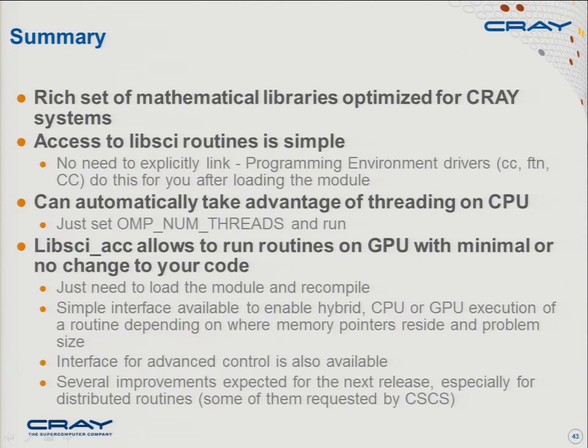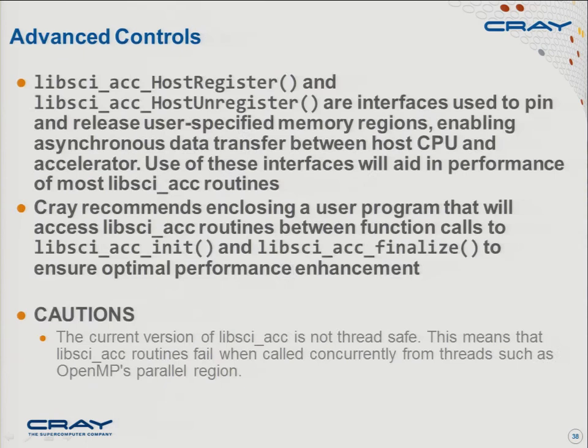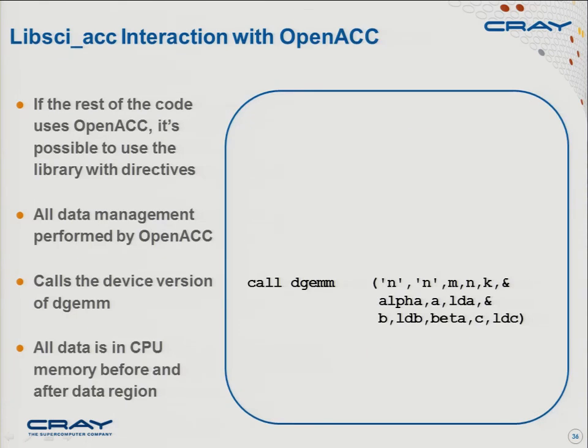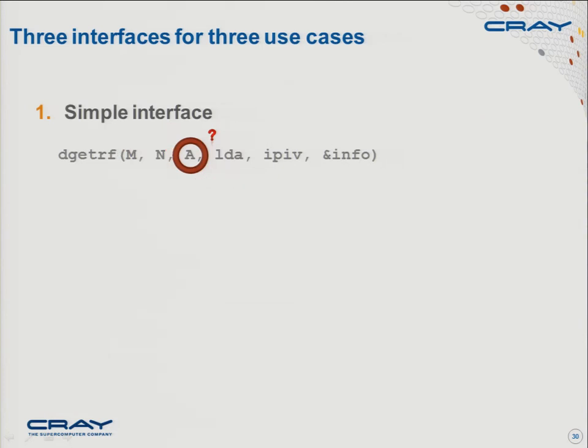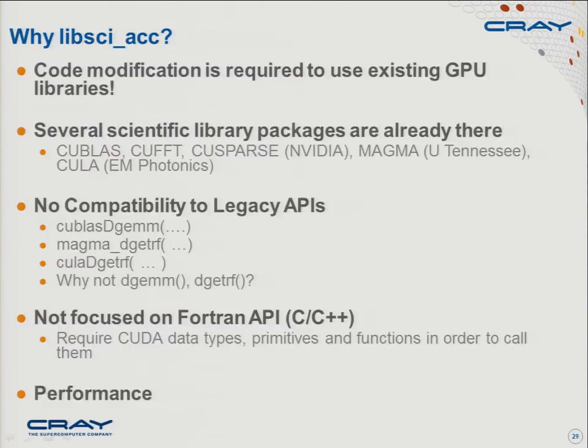We go back to slide number 29. Sorry, I missed this part of the discussion. Yeah, sure, no problem. So when you say several scientific library packages are already there, what do you mean? No, inside this library, already there. Not to say that they are included. Already there to say that, of course, we are not doing yet another library.